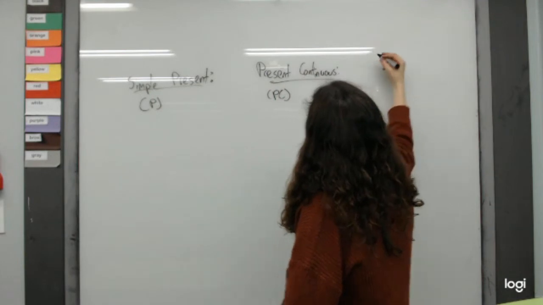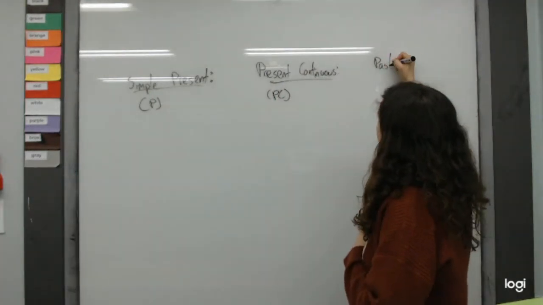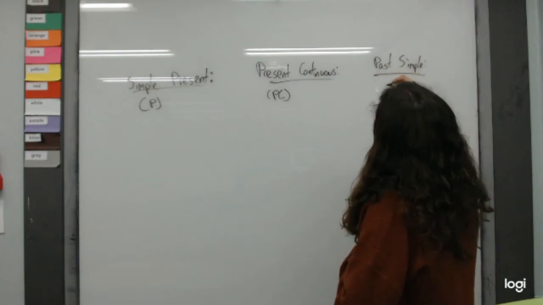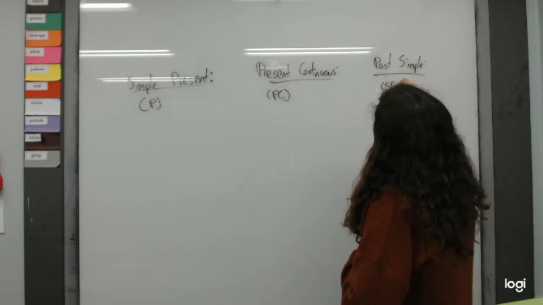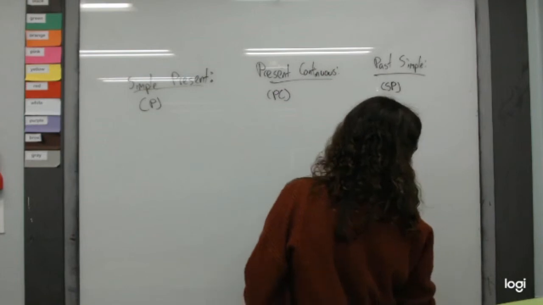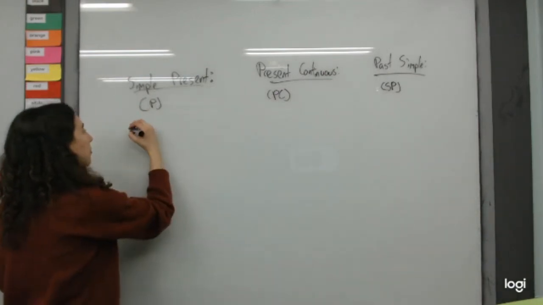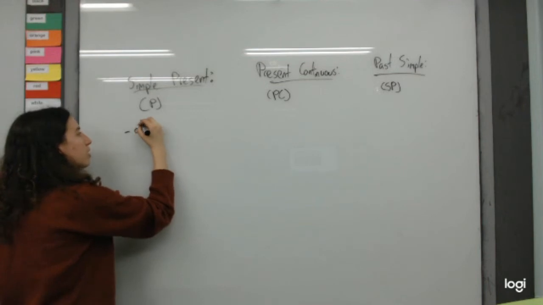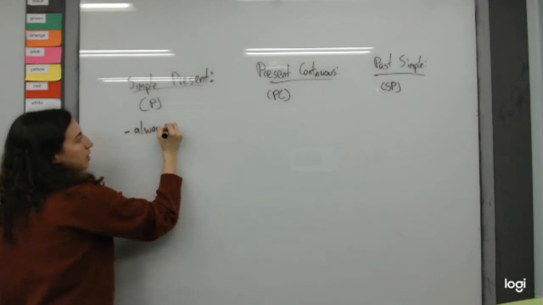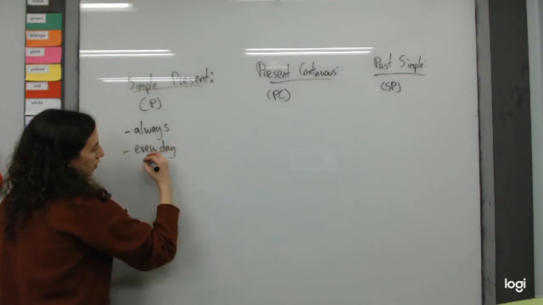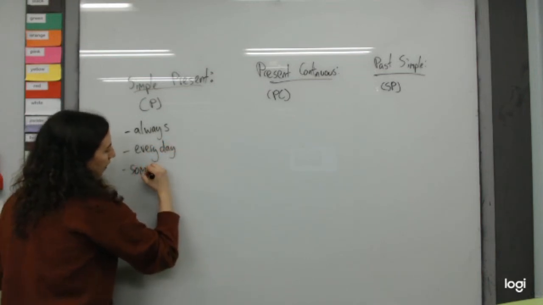And past simple. Okay, so present simple we use for things we do always or every day or sometimes.